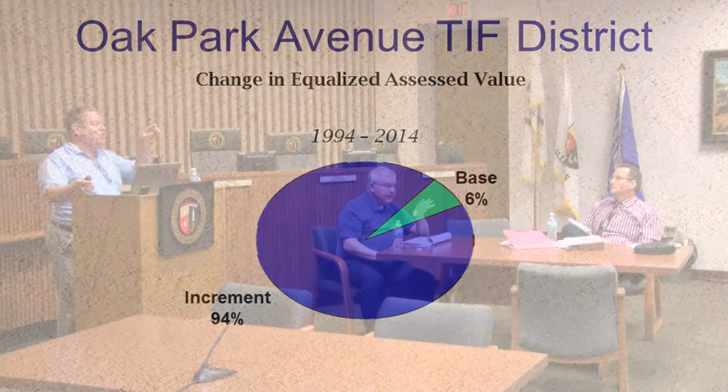So, in answer to your question, the growth that has occurred is coming to the TIF, not to the other taxing bodies. Okay, and then once the TIF is paid off, where does that go? That value now goes to all of the other taxing bodies. If you go back to that earlier chart with the triangular wedge, when we hit 2018, all of that increased value will go on to all of those other taxing districts.